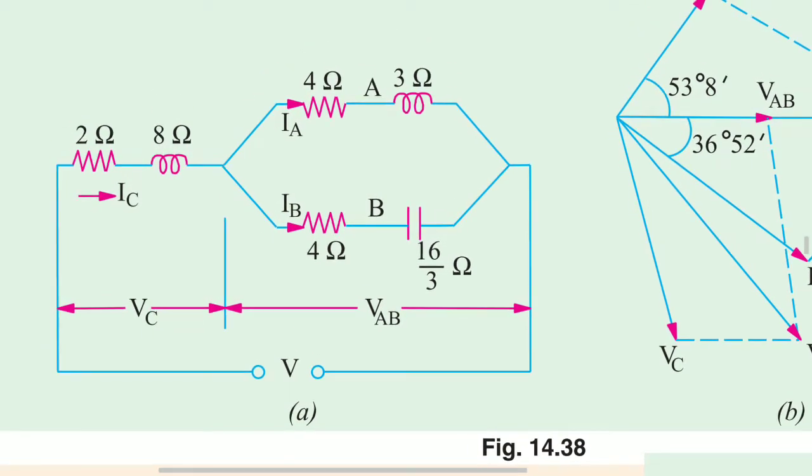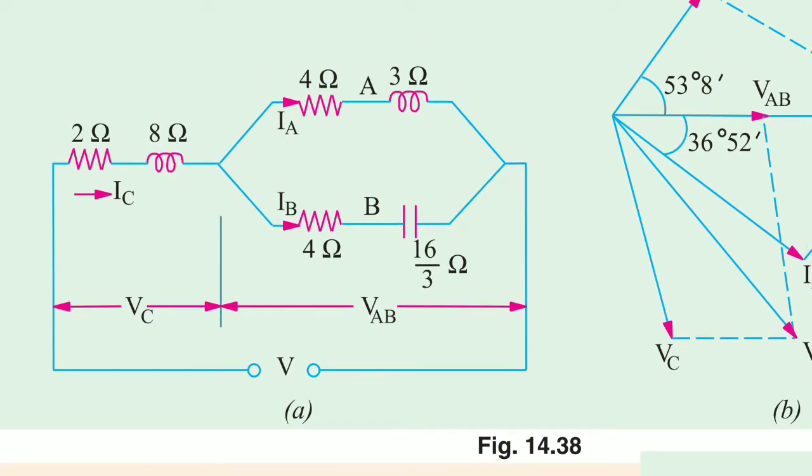Observe the figure. Here the applied voltage is V, and the impedance of branch 1 is 2 plus J8, that means 2 ohms and 8 ohms. 2 ohms is the resistance, 8 ohms is the inductive reactance.